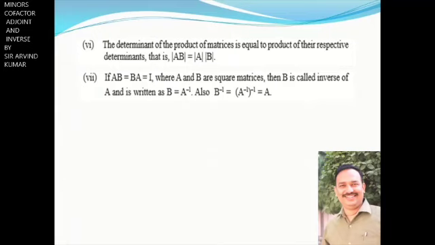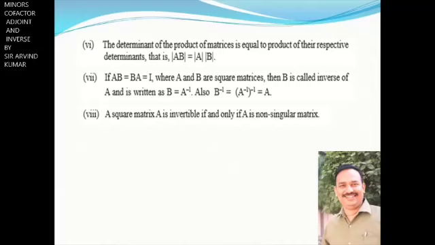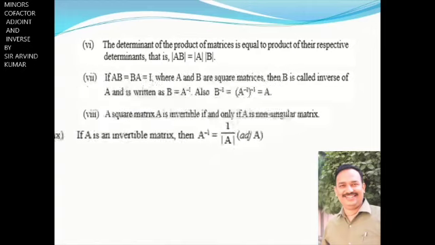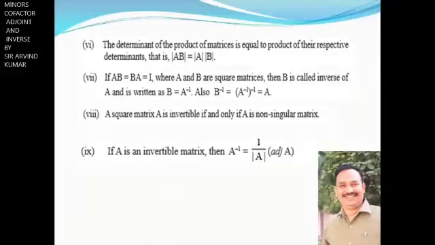So, if a square matrix is invertible, then surely it is a non-singular matrix. A singular matrix cannot have any inverse. Then if A is an invertible matrix, then A inverse is equal to adj A upon determinant of A. This is also verified by the previous point, since if determinant of A is 0, when we divide adj A by determinant A, it will not be defined.